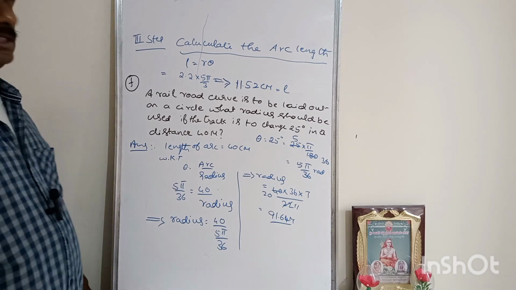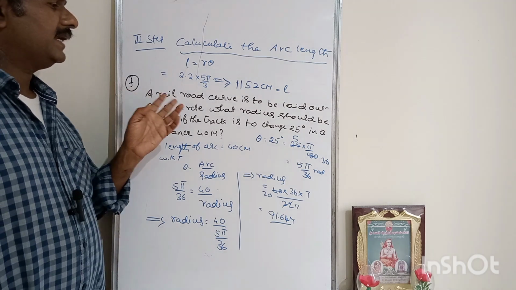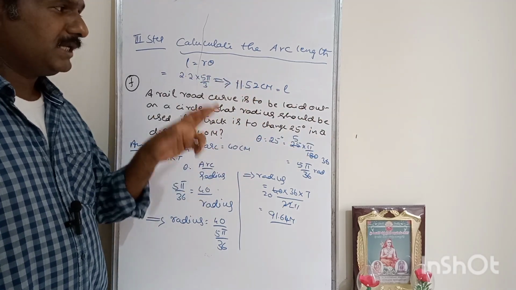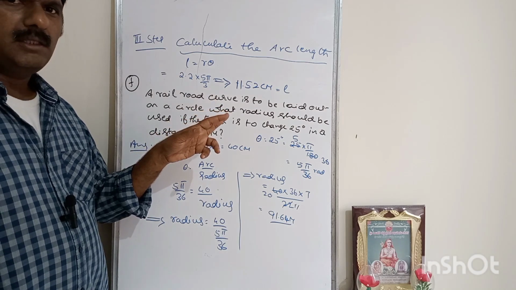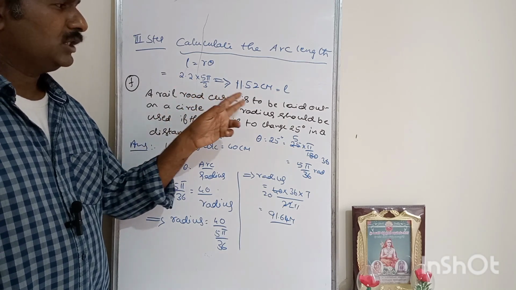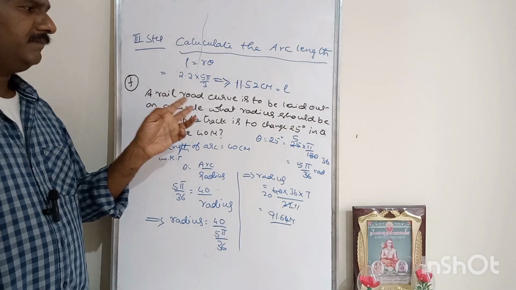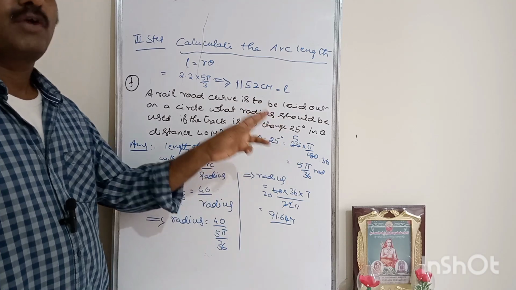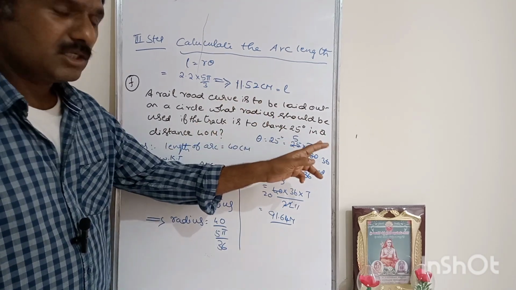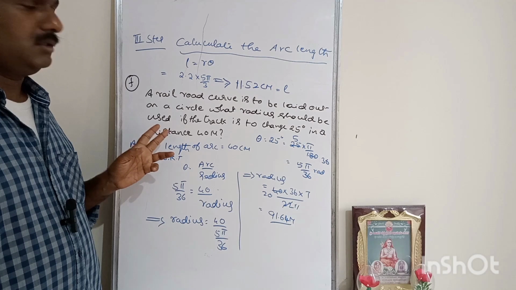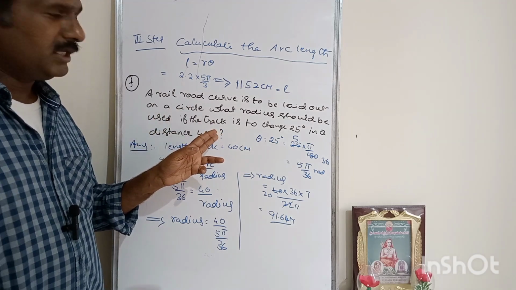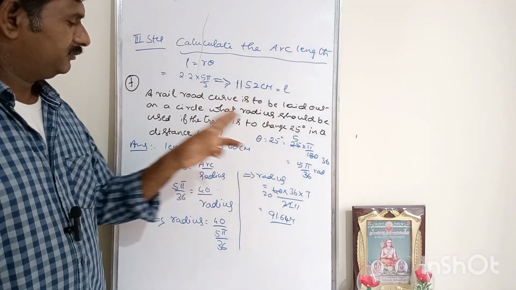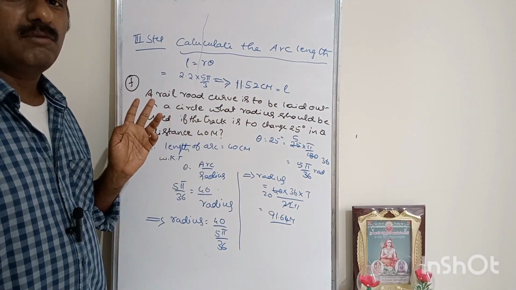Coming to the sixth problem, a railroad curve is to be laid out on a circle. What radius should be used if the track is to change 25 degrees in a distance of 40 meters?